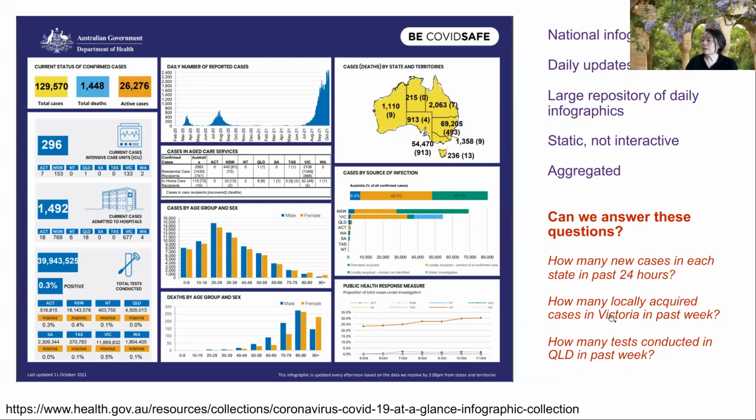Or how many locally acquired cases have there been in Victoria in the past week? We can't answer that based on what's been shown here. How many tests have been conducted in Queensland in the past week, for example? Again, we can't tell that from here. So even though it looks like there's a lot of information here, it's not really fit for purpose for a lot of potential end users for this sort of information.